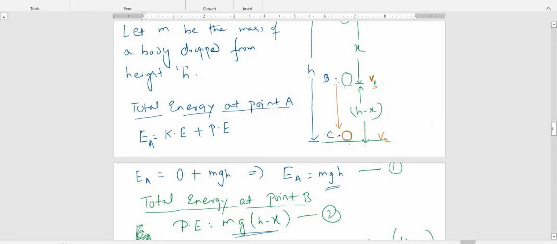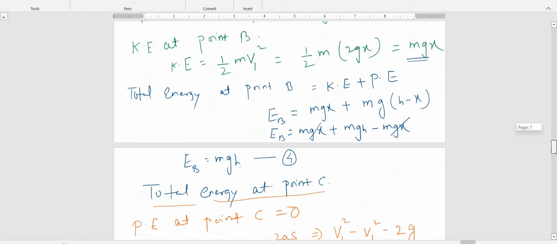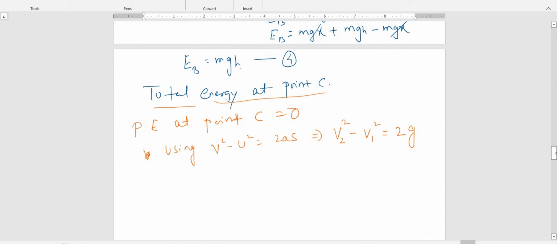Displacement is h minus x, no? Sir, h minus x was at point B, but from point B to C, what is the displacement?